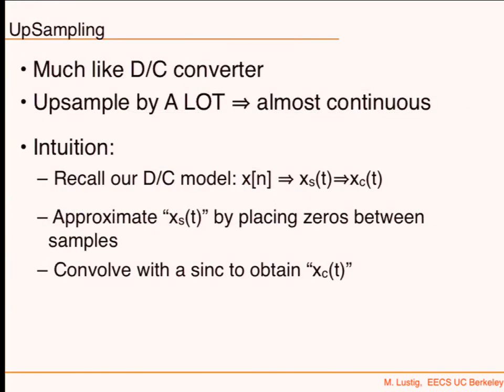Okay. So upsampling: downsampling was like analog, or continuous time, to digital conversion. Upsampling is the opposite. It's much like digital to continuous time conversion. Kind of. Again, not exactly, but there are a lot of similarities.